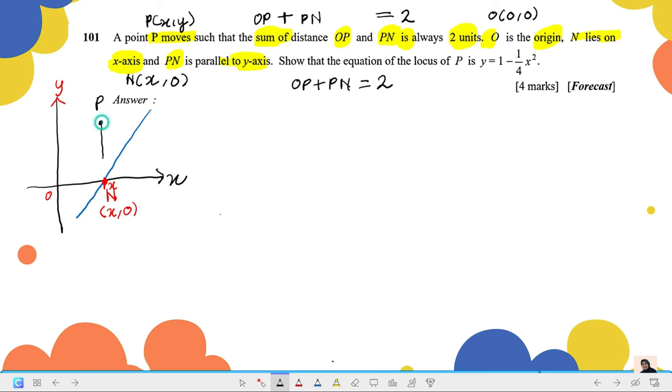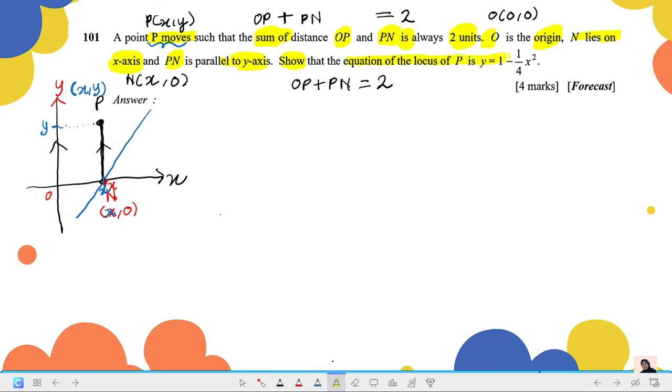Parallel to the y-axis means that this is PN, so the point P has the same x value, and the y coordinate we don't know. So the coordinate of P is (x, y). Also, earlier it was mentioned that P moves.